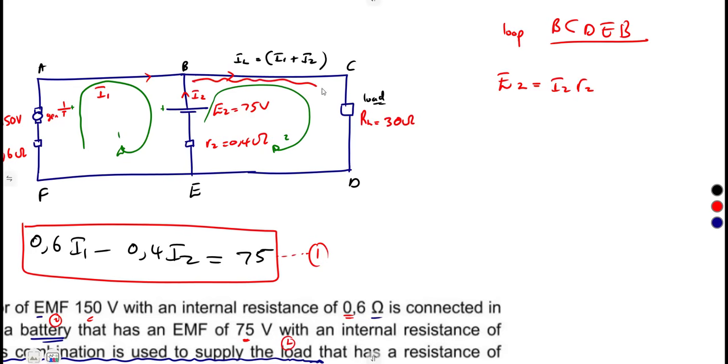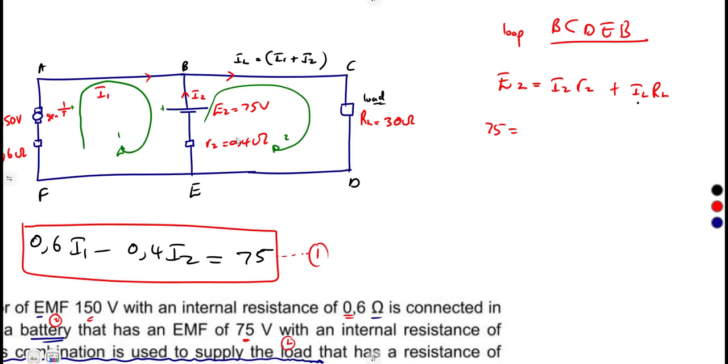Then B to C to D back to E, we are moving in the same direction as the current, so that's positive. That's the load current times the load resistance, where our load current is the sum of these two, I1 plus I2. So that gives us E2, which is 75. Here, just substitute the values that you are given.